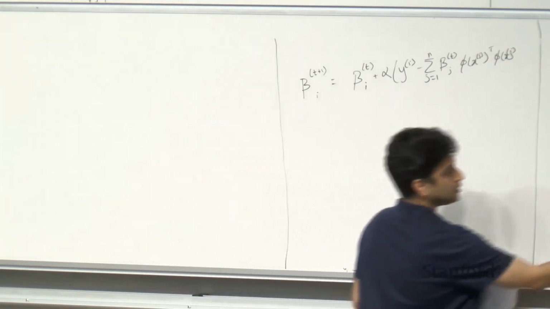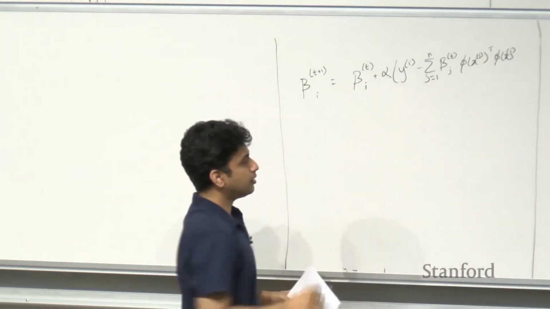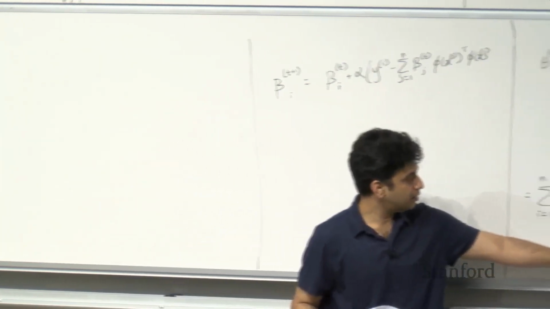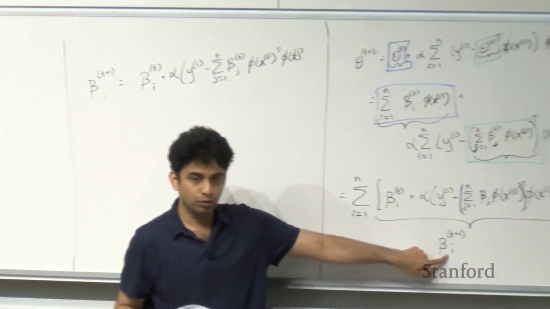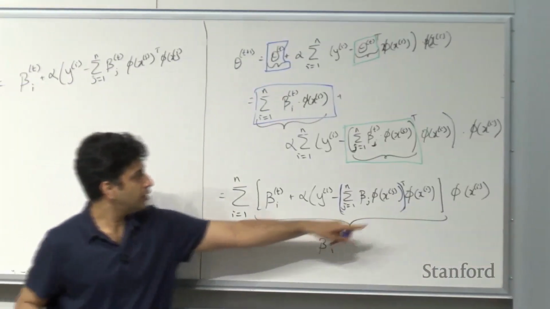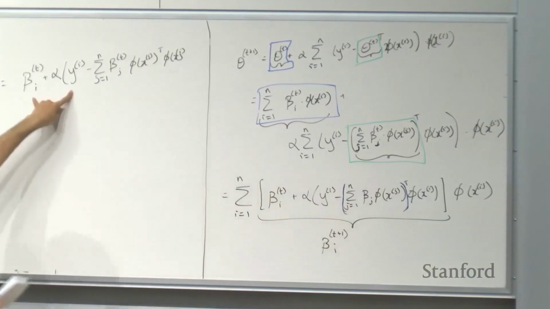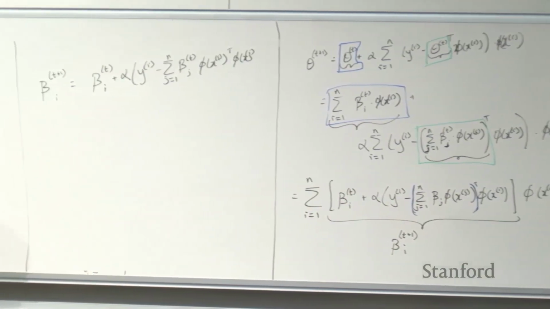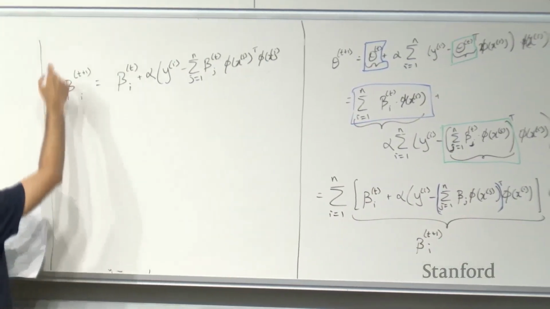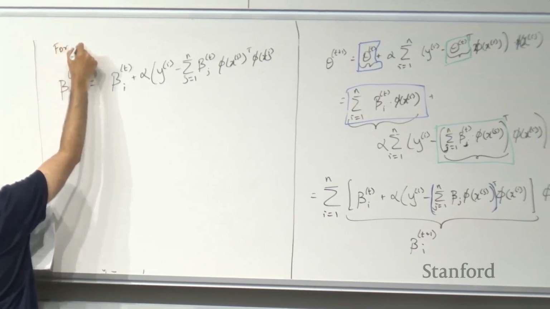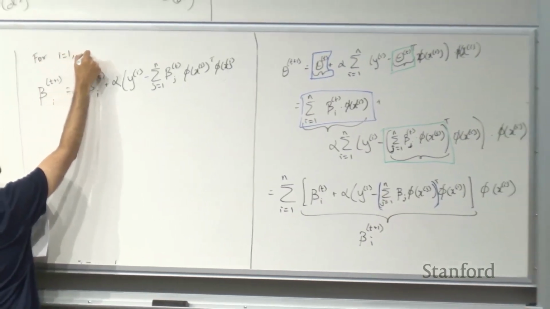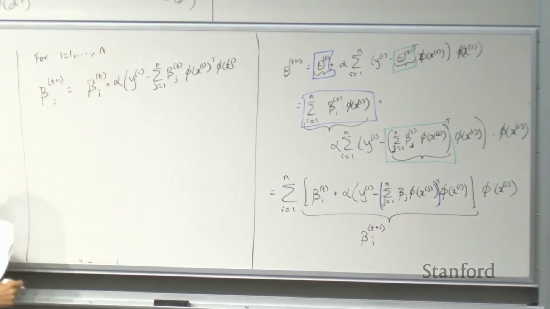So basically just plug this here, where the ith beta coefficient at time t plus 1 is equal to this over here. And we do this for i equals 1 through n, and we repeat this over and over until we converge in our beta values.